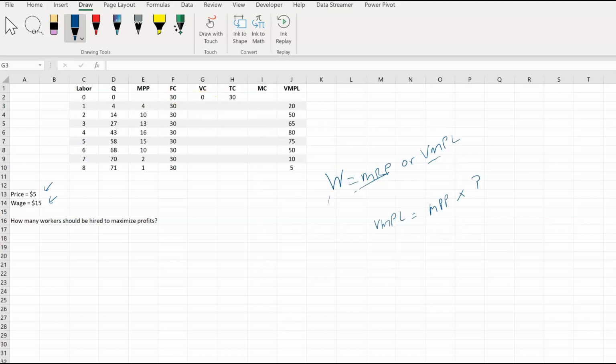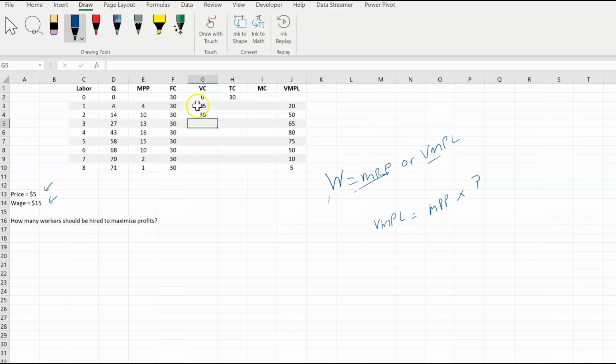Okay, for the variable cost, we're going to figure that out by multiplying the number of workers times the wage. That's going to be 15, right? Because the wage is right here, 15. I'm going to do the same thing here: number of workers, which is 2, times the wage, 15.